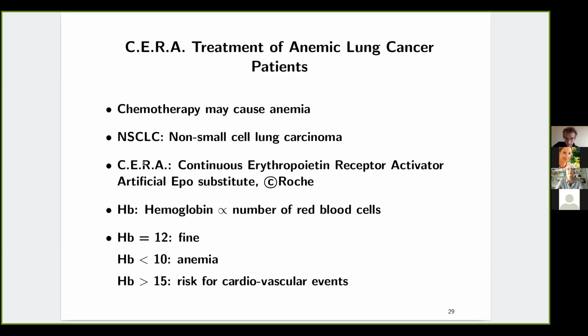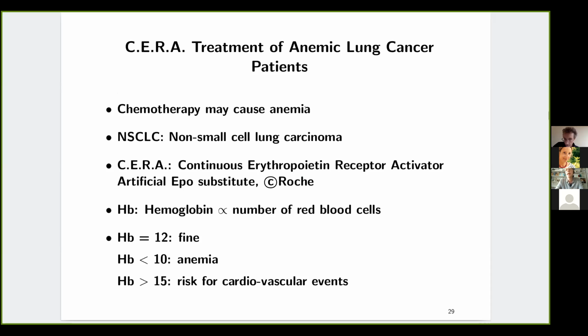As I mentioned on the very first slide, EPO is produced in the kidney, and therefore if you have severe problems with your kidney, there are no blood cells produced, and all these people get artificial EPO substitutes. And so Roche a few years ago said, okay, let's get an improvement for this drug also for chemotherapy-associated anemia.